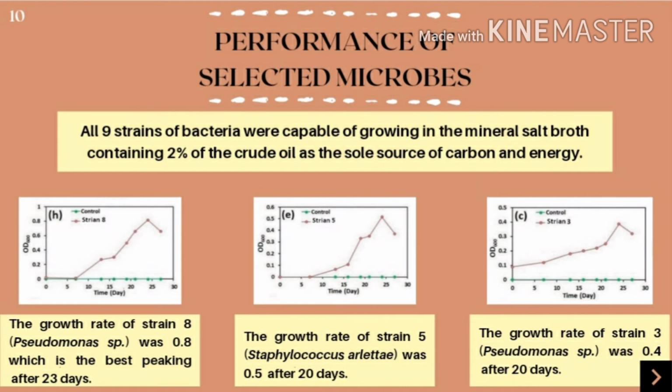Next is strain 5, which is Staphylococcus aureus, which shows a 0.5 reading after 20 days. And the last strain is strain 3, which is Pseudomonas sp., showing a 0.4 reading after 20 days.